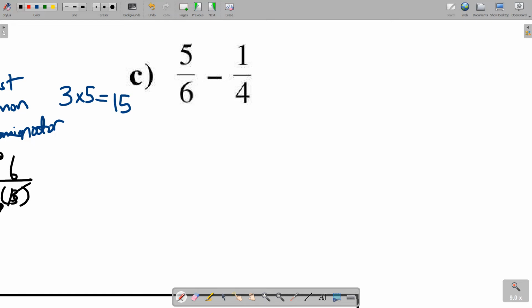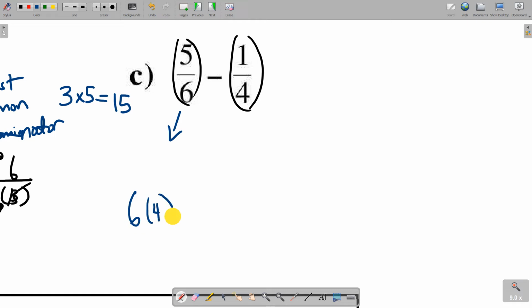So if I make this into 6 times 4 and this one into 4 times 6, which I could do separately, let's do that. 6 times 4 gives you 24. 5 times 4 gives you 20. Subtract.